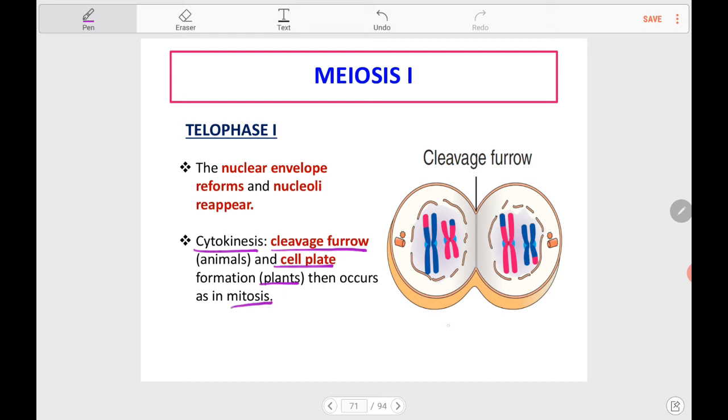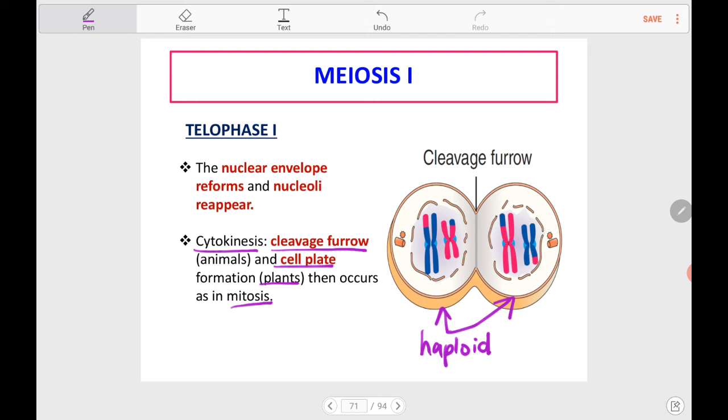So when meiosis 1 has completed, each parent cell will produce 2 daughter cell. Cuma beza dengan mitosis adalah daughter cell produced from meiosis 1 is now haploid, bukannya diploid.